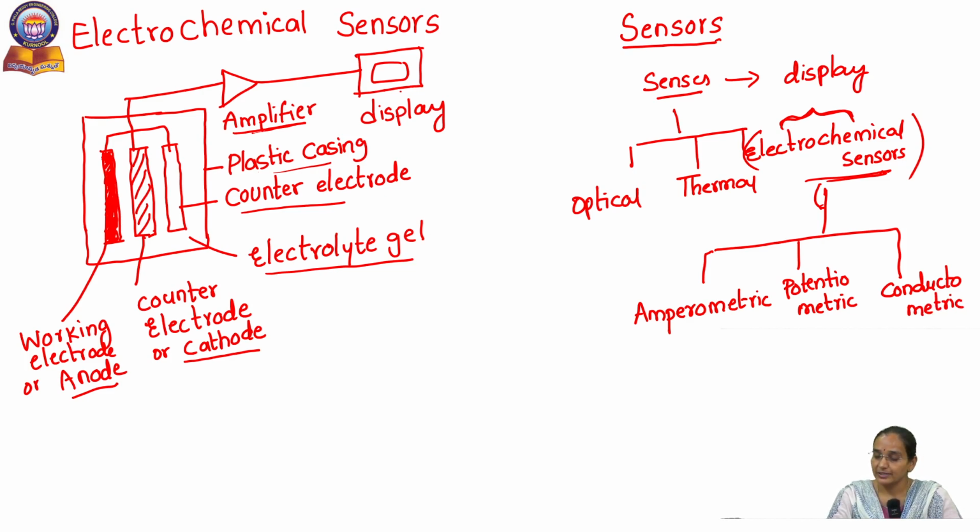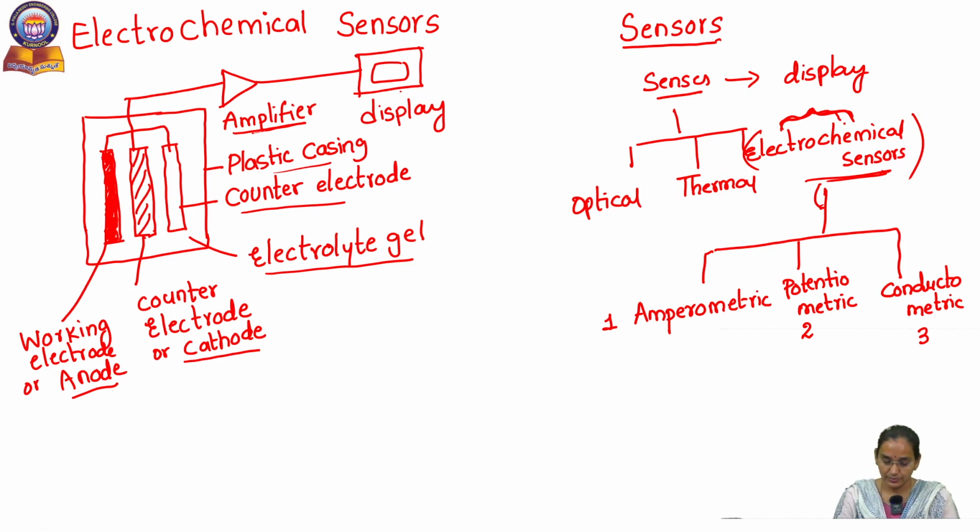The electrochemical sensor is a device which senses the change in any electrochemical signal, detects the change, and it is displayed. Again, these electrochemical sensors are of three types: amperometric sensors, potentiometric sensors, and conductometric sensors.